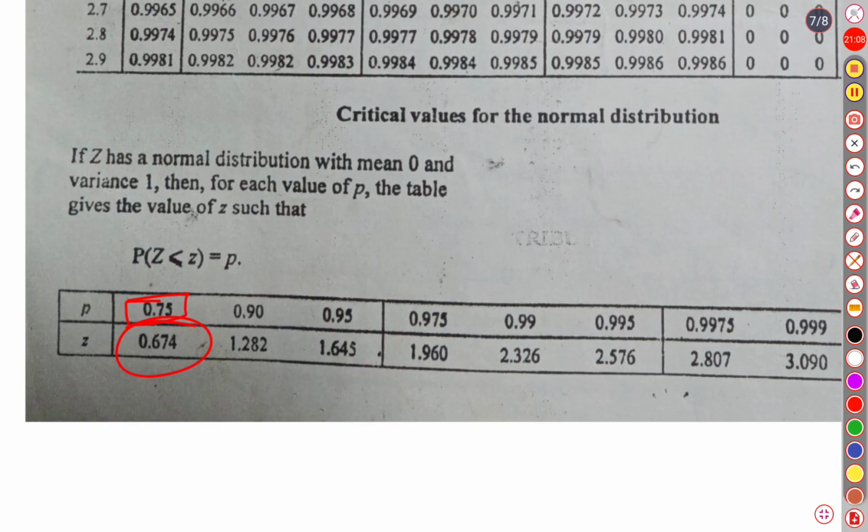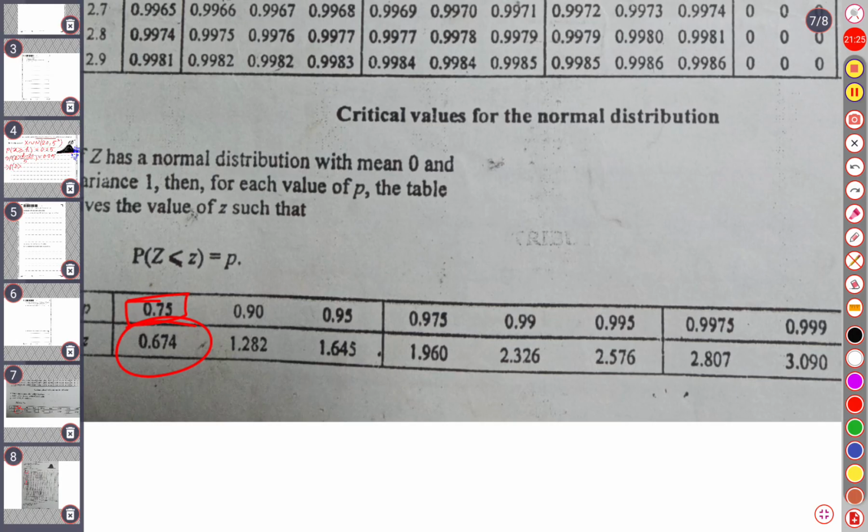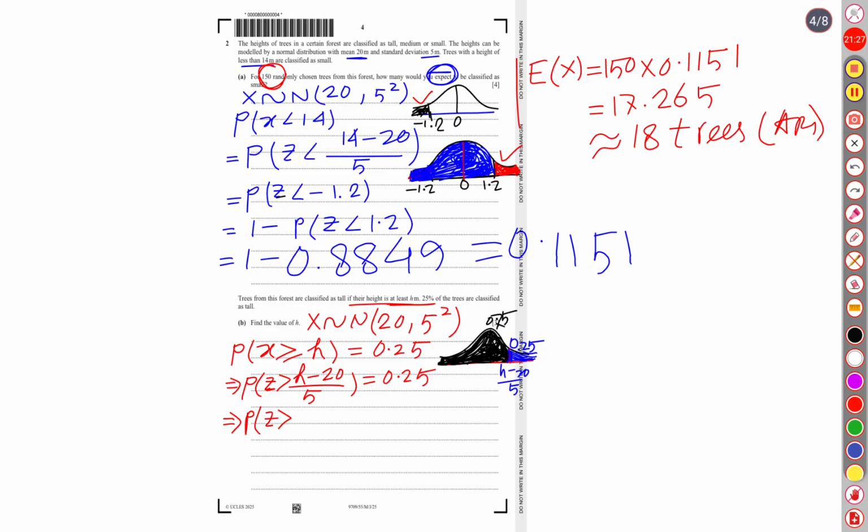That's why we are going to get the z-score. So our z-score is 0.674, and I have already shown why we have taken 0.75 instead of 0.25, because none of the values is below 0.5 in the probability distribution table. So 0.674, let us write 0.674.